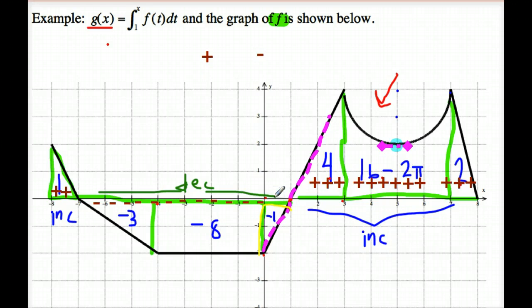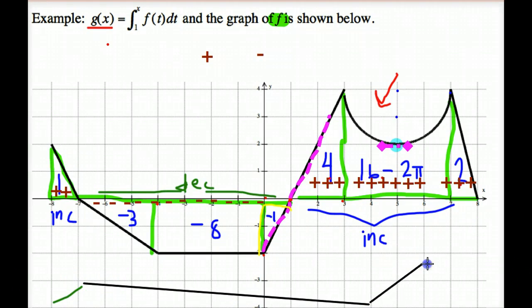So just as a reminder, if I go increase, decrease, and then increase, can't I label certain parts of this graph? Also, what do I know about these slopes?